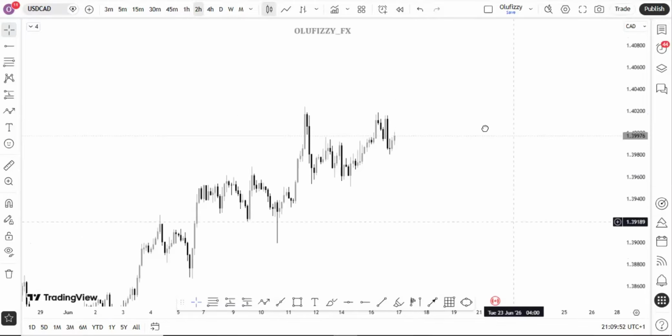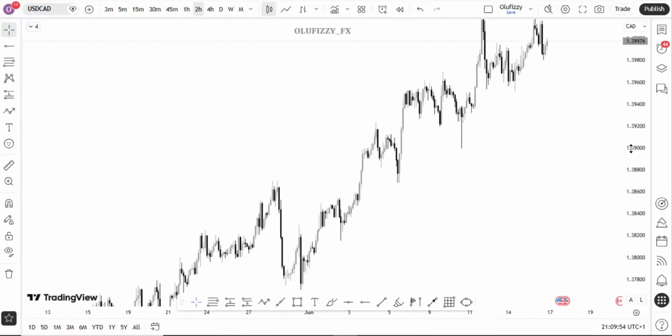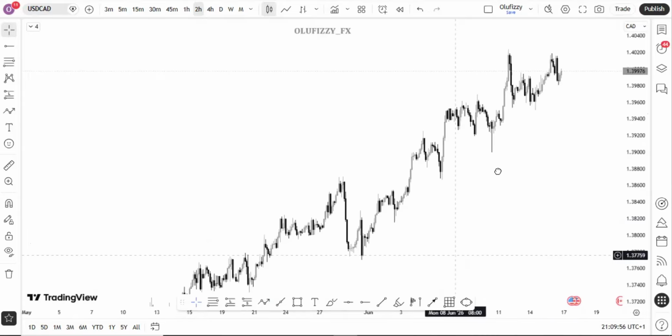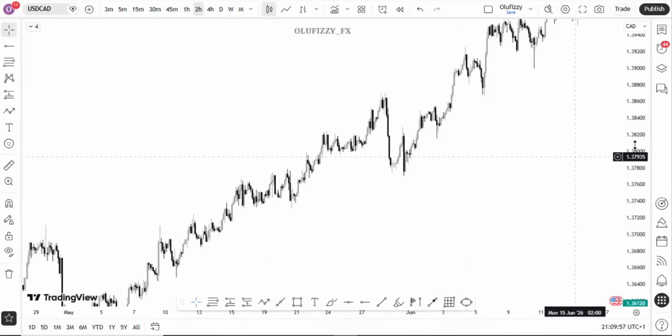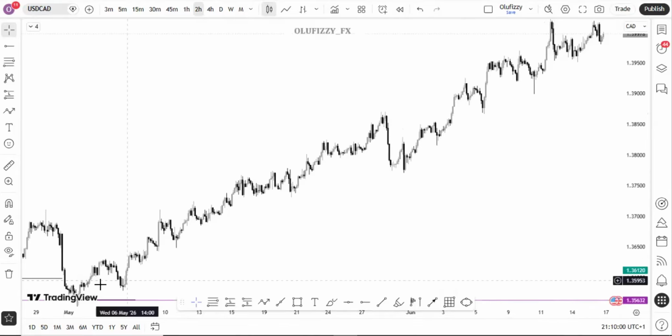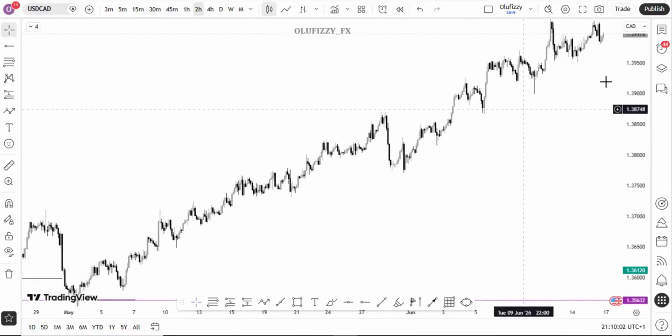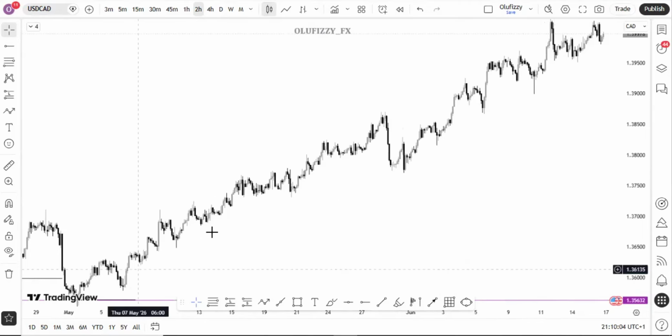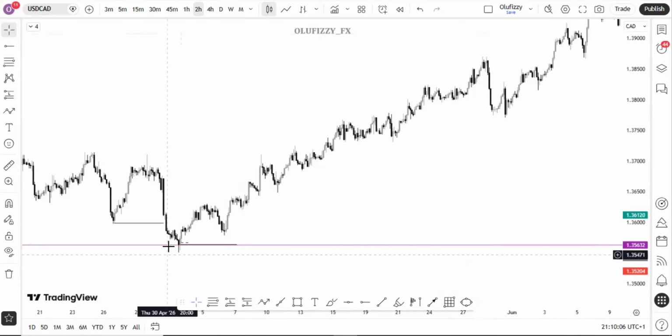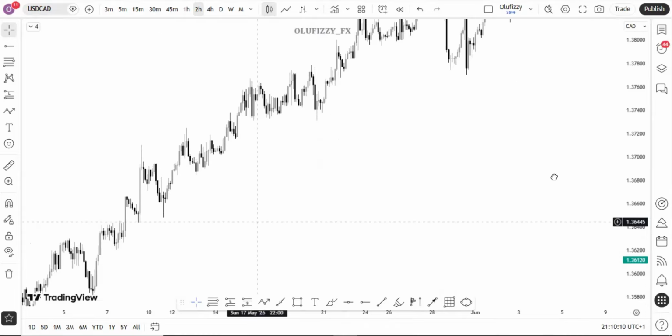According to what you can see on my screen now, you can see clearly that this particular market is in a bullish market condition. And if we check where this particular market starts this move, let's check from here.